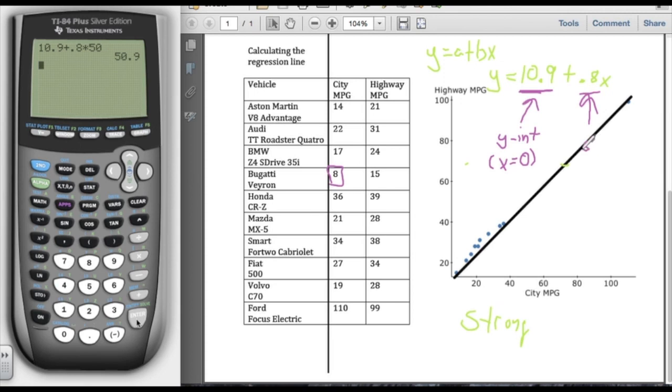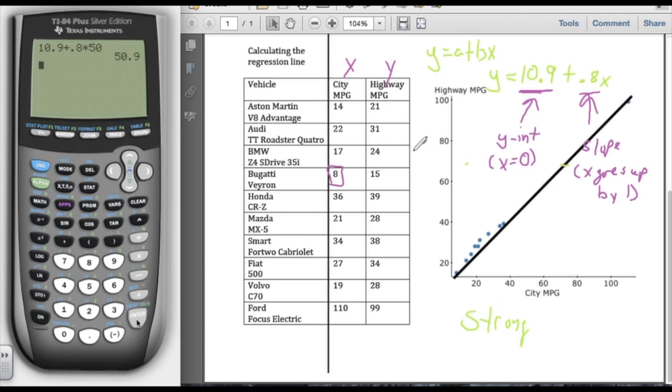This second number, the 0.8, this is our slope. This is how much we predict the y, in this case the highway miles per gallon, to increase by as the x goes up by 1. And again, it's always up by 1 for this slope. So we would say as your city miles per gallon went up by 1, as you went from 14 to 15, or 15 to 16, or 16 to 17, your highway miles per gallon should go up not quite by 1, but by 0.8 miles per gallon.